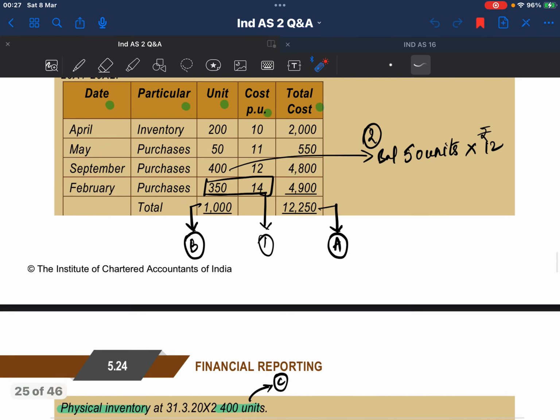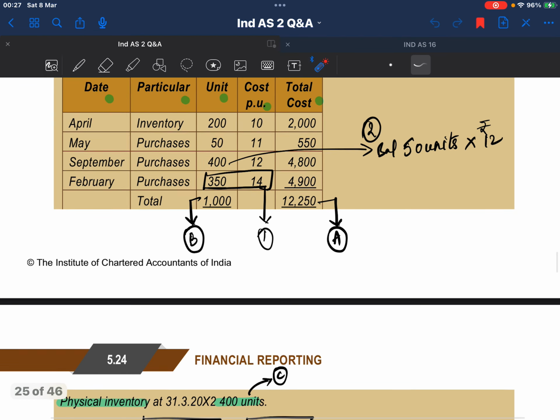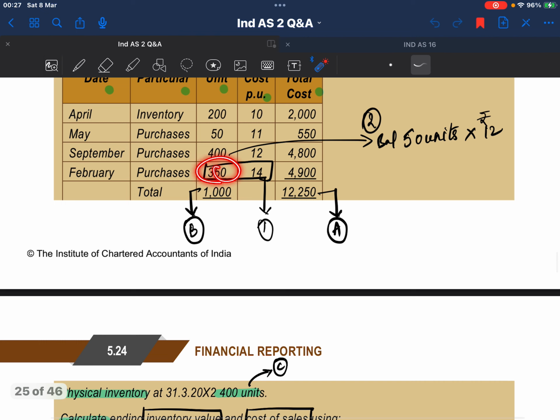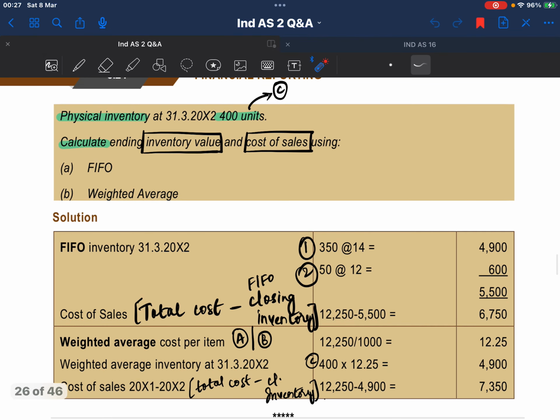We go from here, which is out of 400 units, 300 units are purchased in Feb. 350 into 14 plus 50 into 12, which gives 5,500, which is deducted from total cost to give the cost of sale.